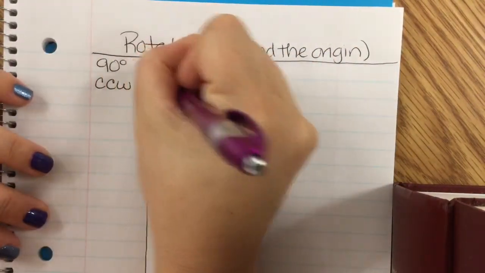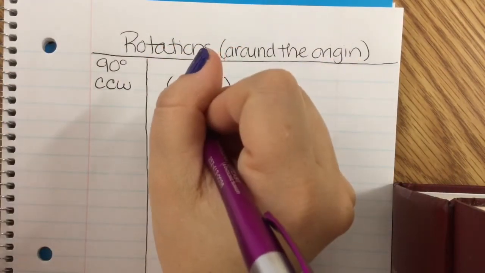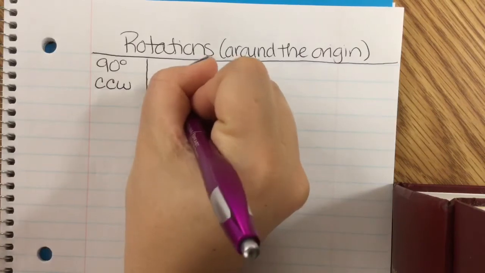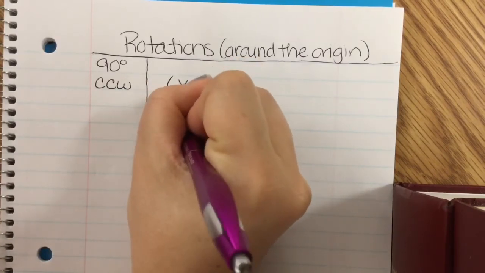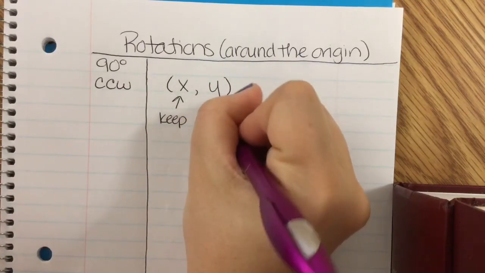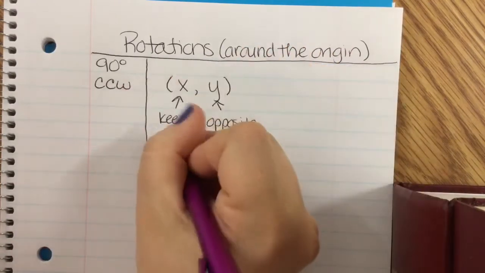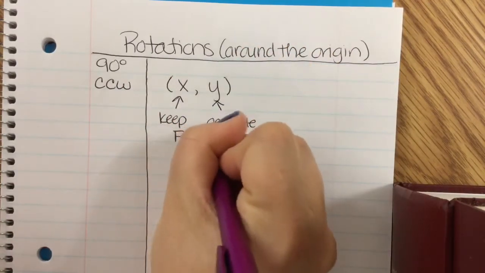So, all right, here's our original point, the x, y. What we're going to do this time is keep this one the same and make this one the opposite. So it's just a flip-flop of what we did on the last one. And then we're going to flip the points.